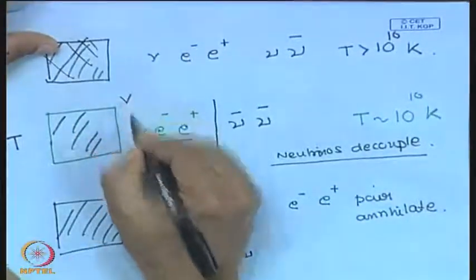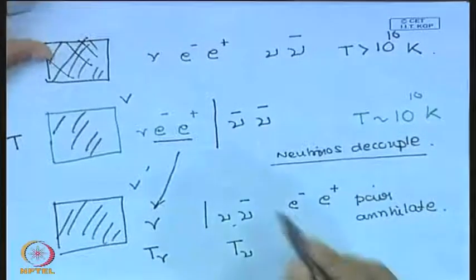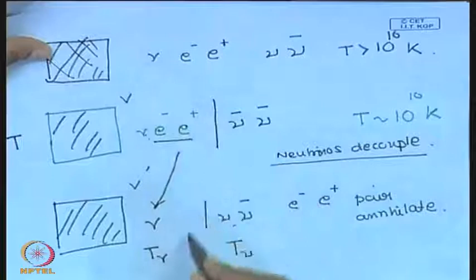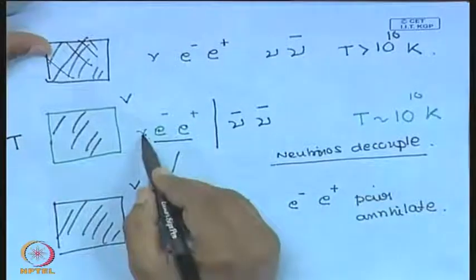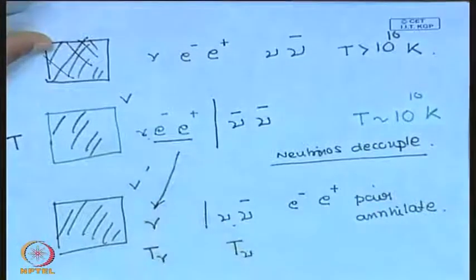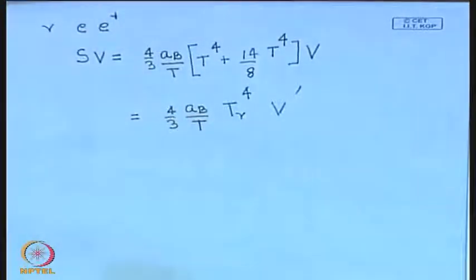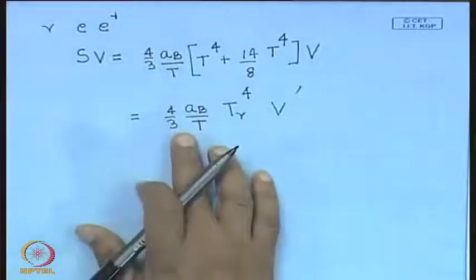So we are here analyzing this part which initially had photons, electron, positron. After the annihilation it has only photons. The conserved quantity in adiabatic expansion is the entropy, so the entropy is going to be the same before the annihilation and after the annihilation.